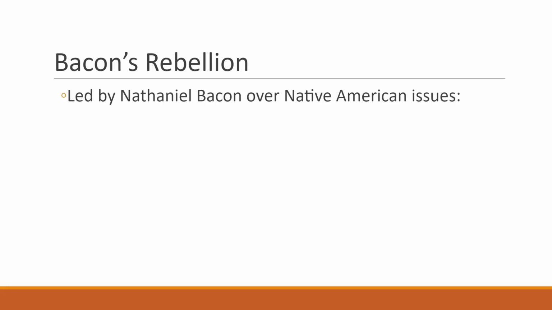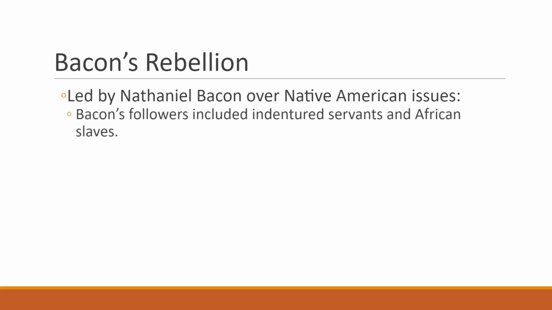The governor declared him an outlaw. So he marched on the capital of Virginia, which was at the time still Jamestown, and he burned it. He burned all the churches, burned everything. Now, the people who followed Bacon to Jamestown and put it to the torch included both white indentured servants and African slaves.